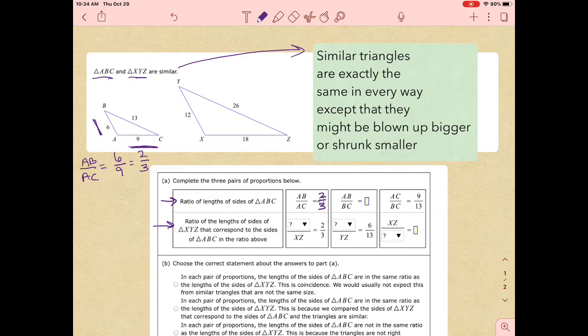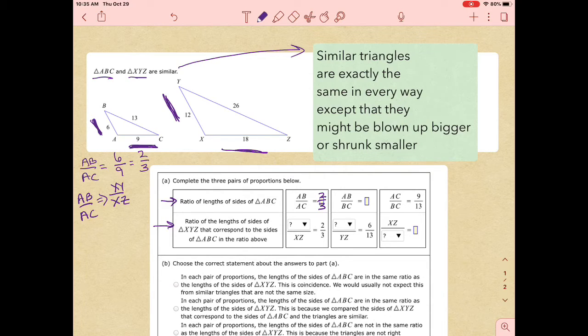So if I was looking at AB over AC, and then I wanted to come over here to this second triangle, I would say XY over XZ. So AB over AC is similar to XY over XZ.